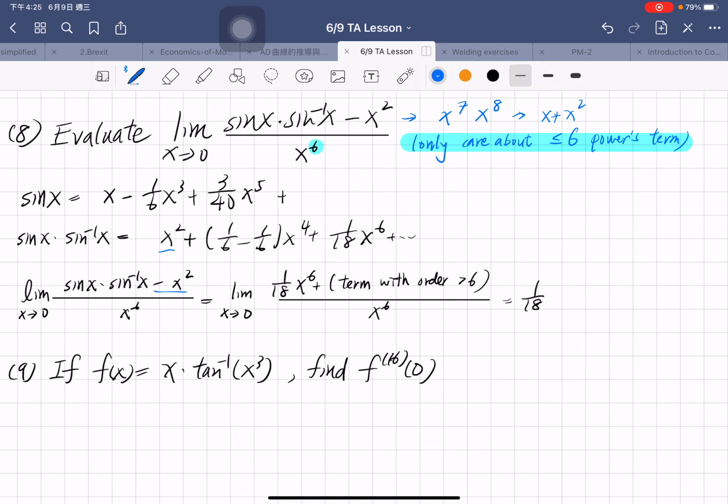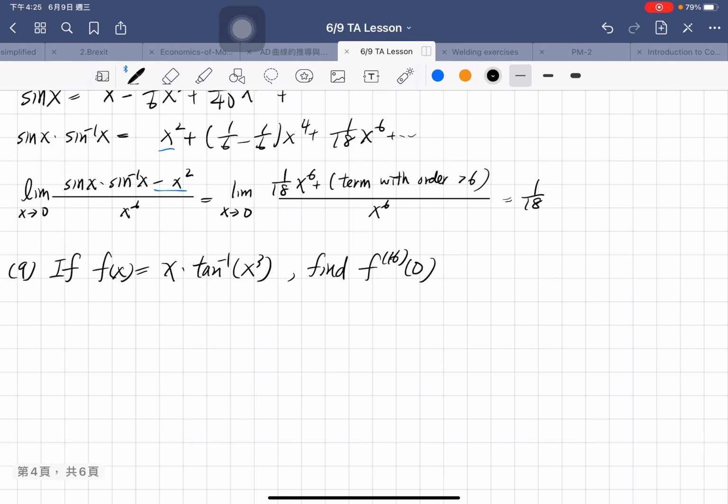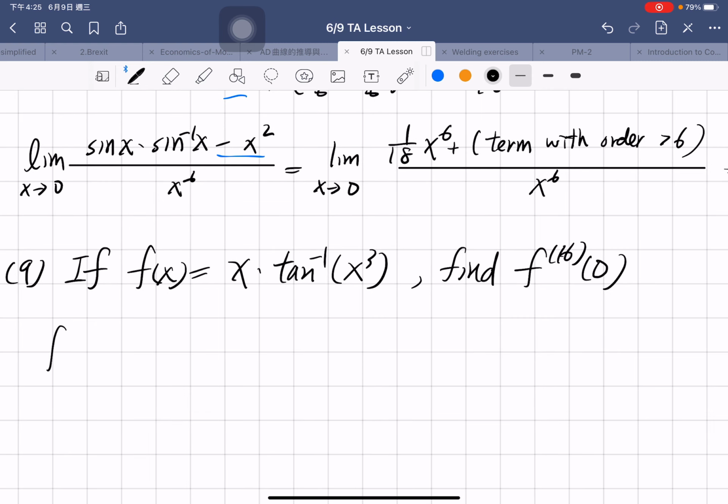So the last one, if our f of x equals x times arctangent with x cubed inside, I want to find the 16th derivative at 0. So it will be a Maclaurin series. So now this will be quite easy. Because now you know how to expand arctangent, right?